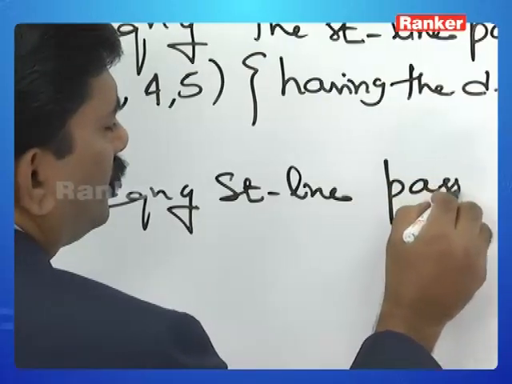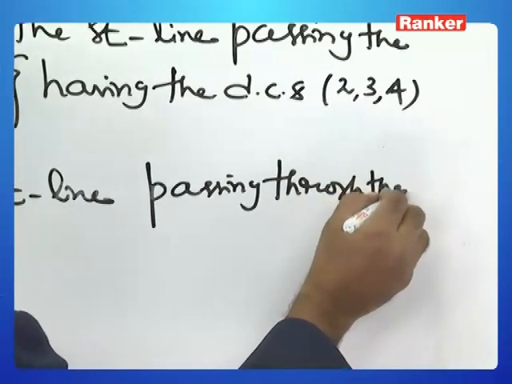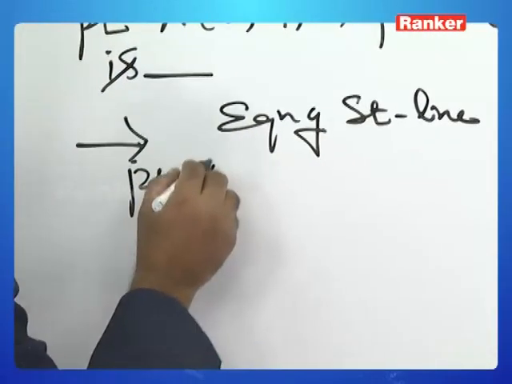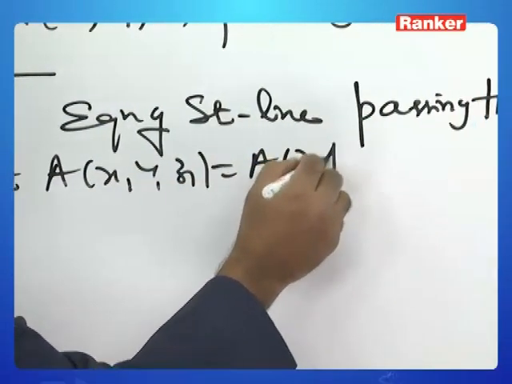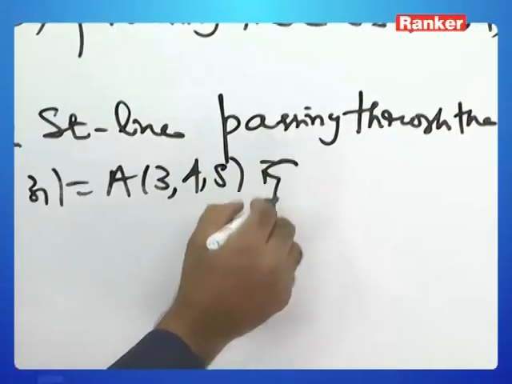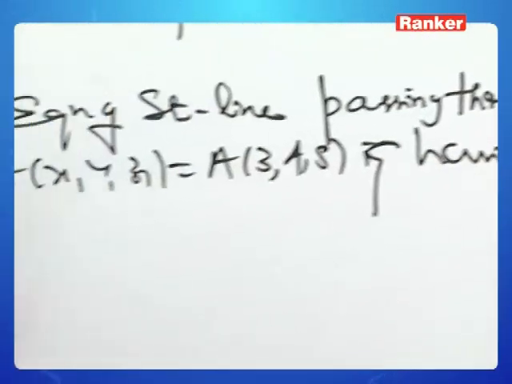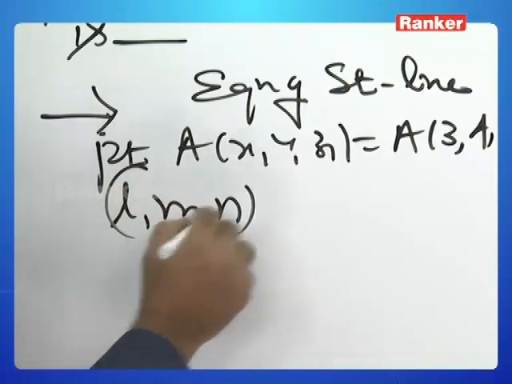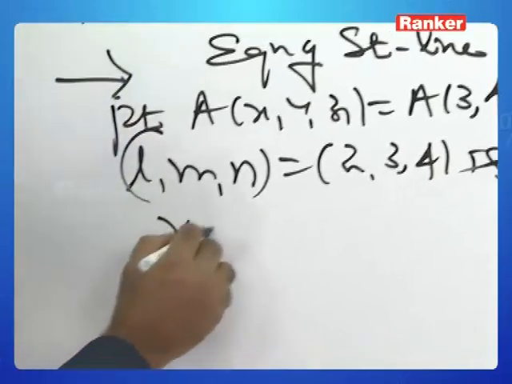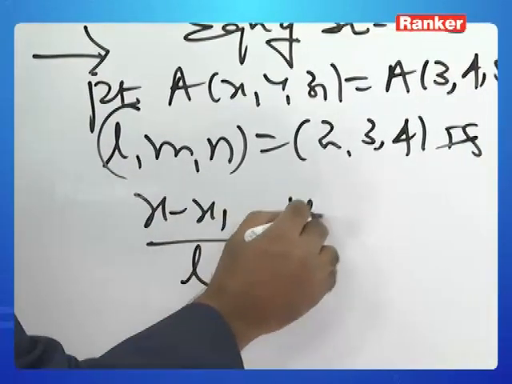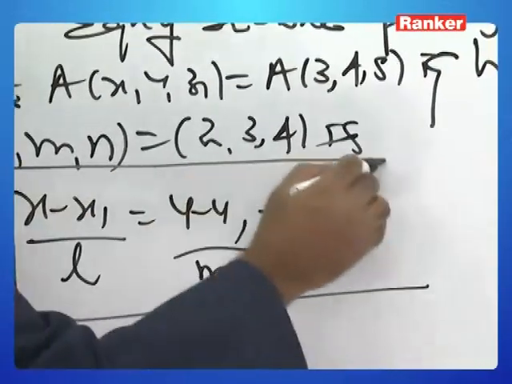The equation of straight line passing through the point A of x1, y1, z1 equal to A of 3, 4, 5 and having DCs l, m, n equal to 2, 3, 4 is (x minus x1) by l, (y minus y1) by m is equal to (z minus z1) by n.